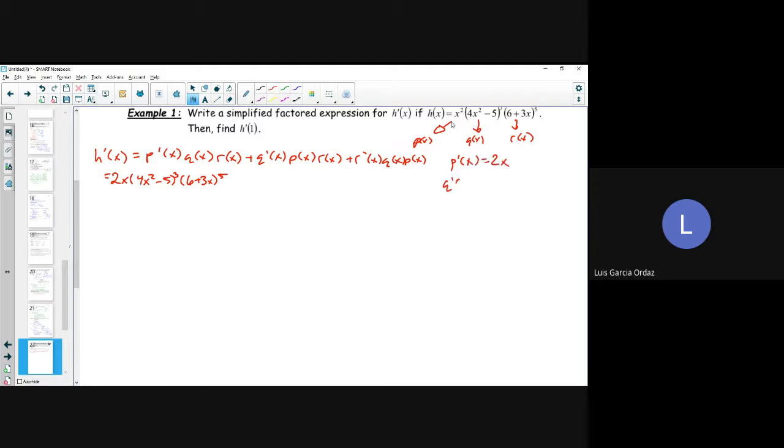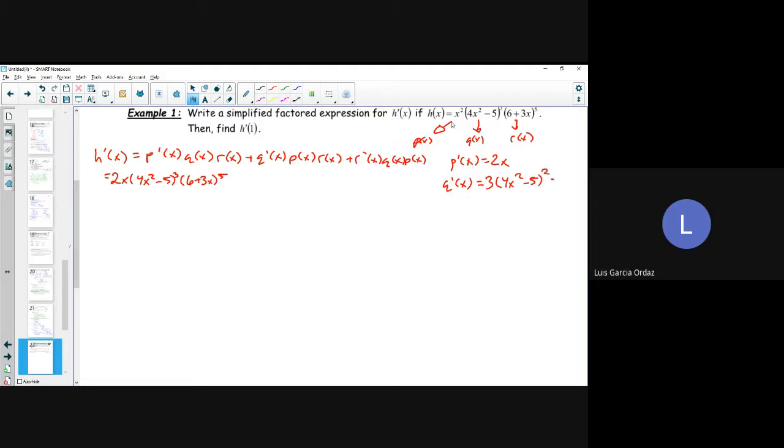Now the derivative of q of x, what rule for derivatives do we have to use for the derivative of q of x? Already, power of a function. Okay. So a power of a function means I'm going to take my exponent, bring it as my coefficient in front of that function, and then subtract one from my exponent. I'm going to get 3 times (4x squared minus 5) to the power of 2.